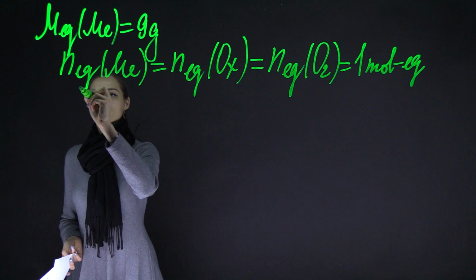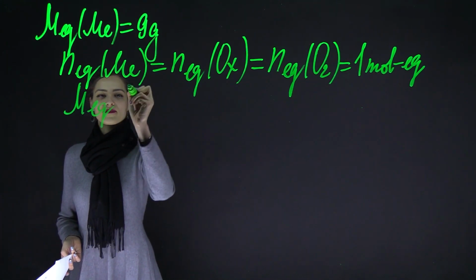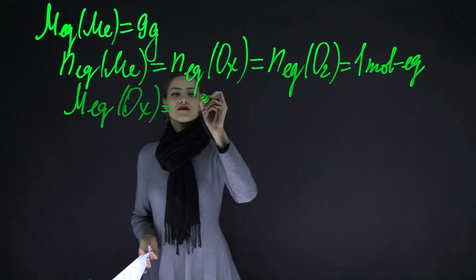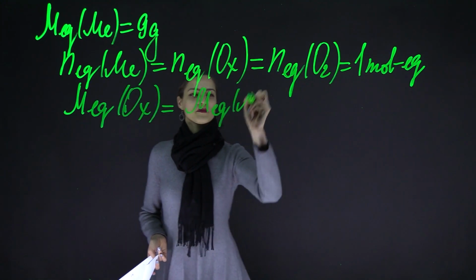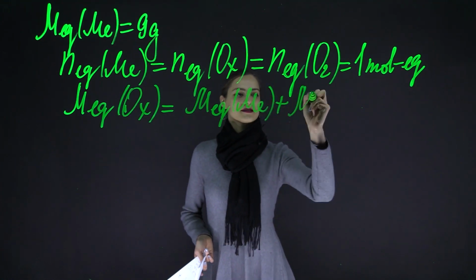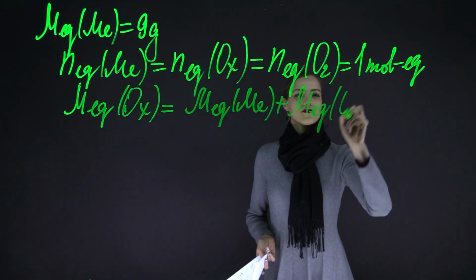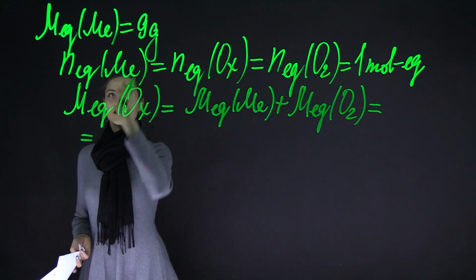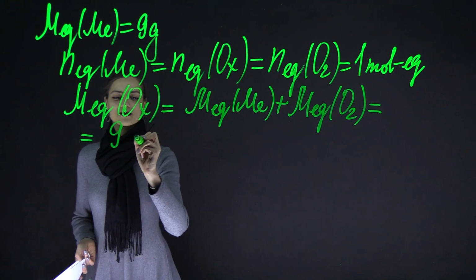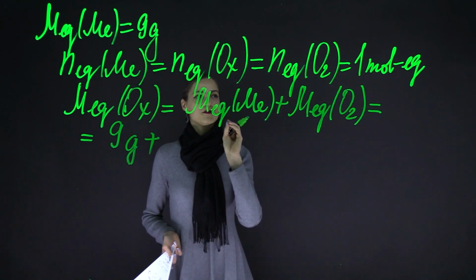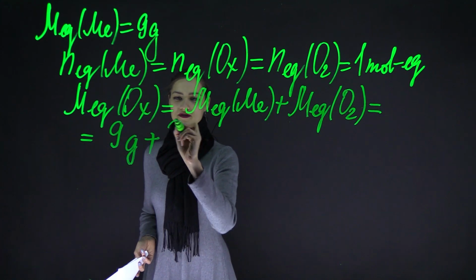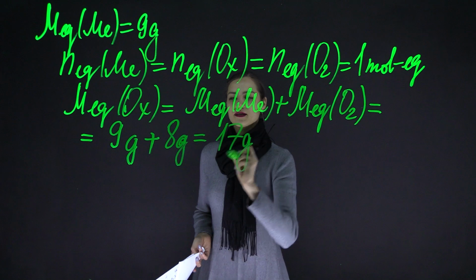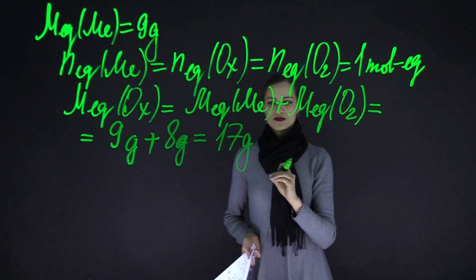So we can calculate the equivalent mass of the oxide as the sum of the equivalent mass of the metal and the equivalent mass of oxygen. The equivalent mass of the metal is given, 9 grams. The equivalent mass of oxygen we know as well, 8 grams. And now we can say that the equivalent mass of the oxide is 17 grams.